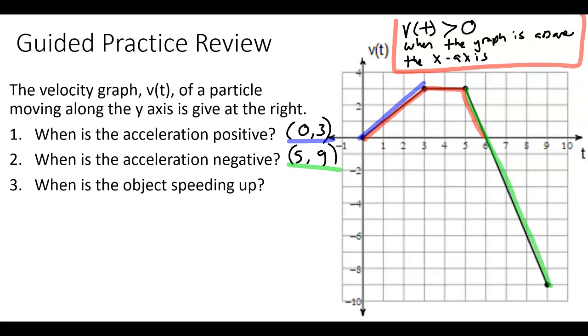Now that we know that, then it's not too hard for you guys to kind of realize that over here, since the graph is below the x-axis, that's where v is less than 0. So now we know where acceleration is positive and negative, and we also know where velocity is positive and negative.